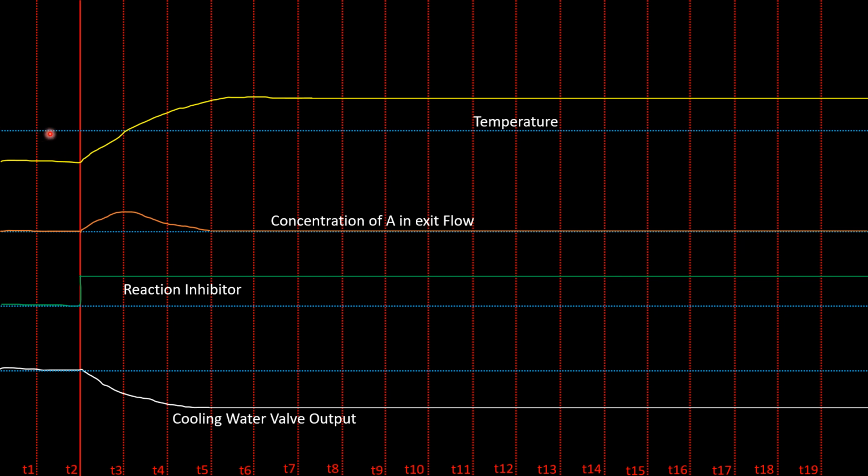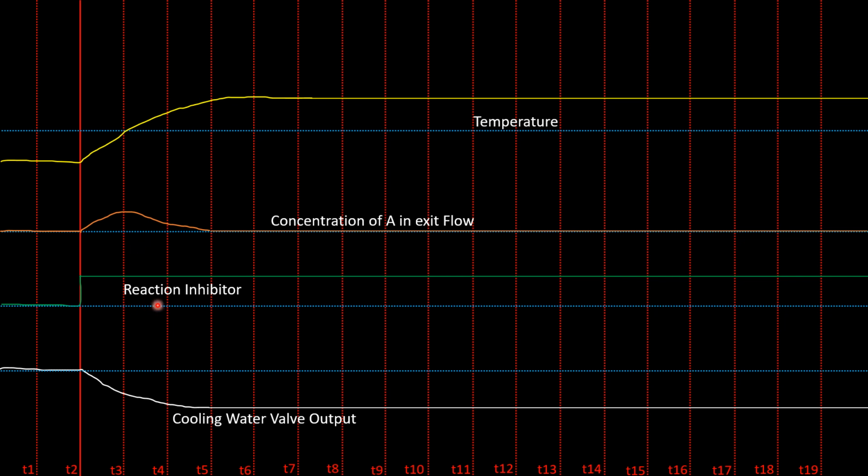So we have four dotted blue lines, and these are initial conditions or set points. The first dotted blue line, as we can see here, is the high set point for the temperature override controller. This blue line here is the set point for the concentration of A in exit flow.